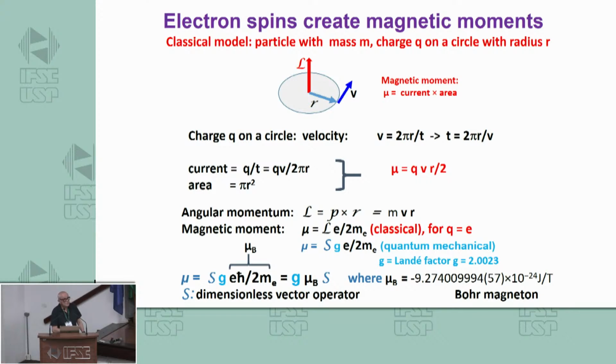The magnetic moment is calculated as the product of the current that represents the circular motion of this charge, times the area. Well, the area is pi r squared, and the current is the charge over time. The velocity is the circumference 2 pi r over the time, so time is 2 pi r over v. So the current would be charge over time, so it would be qv over 2 pi r.